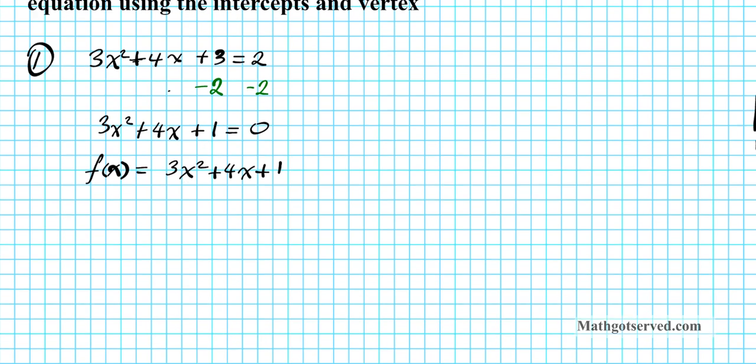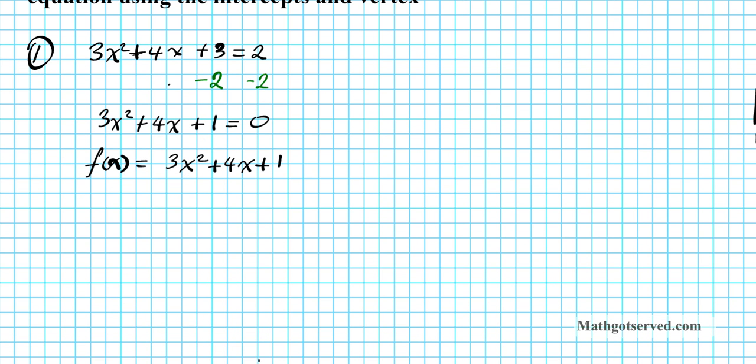Now what we're going to do is find the intercepts and the vertex. How about we start off by looking for the x-intercepts. Let's write that down. The x-intercepts are also known as the roots of your quadratic function or the zeros of the quadratic equation.